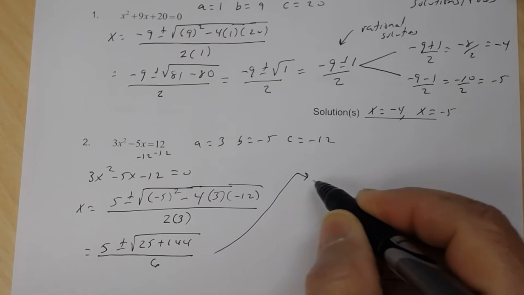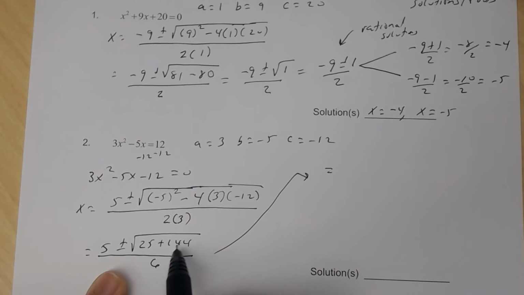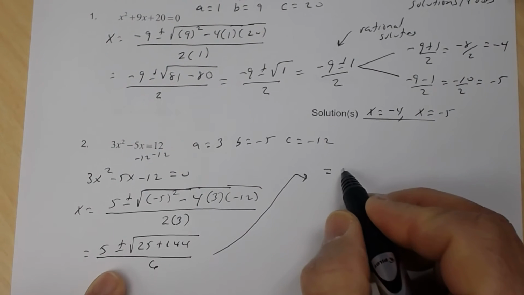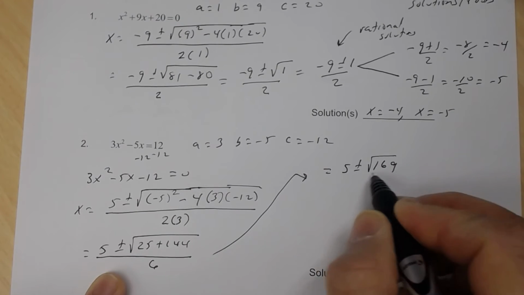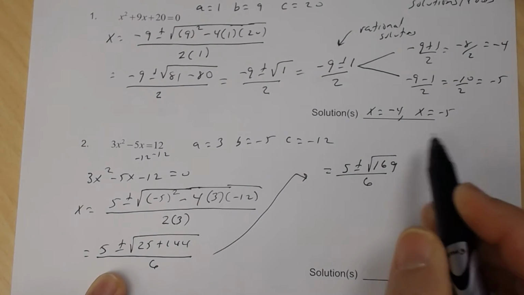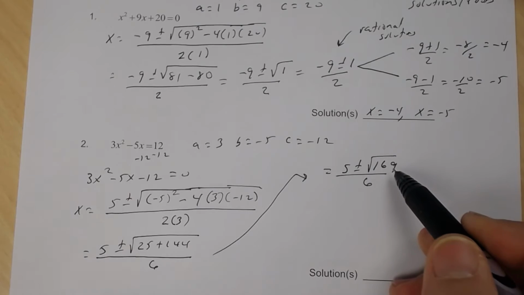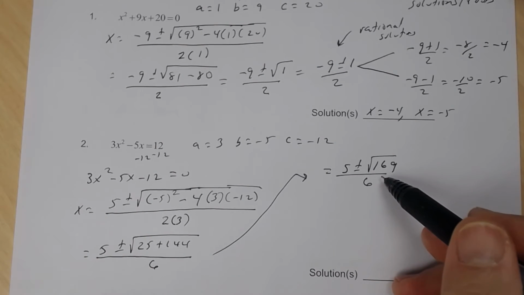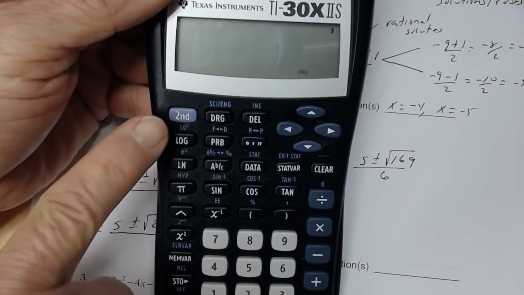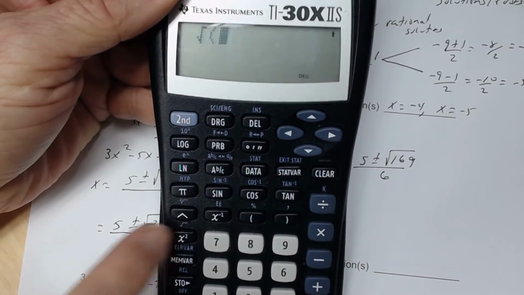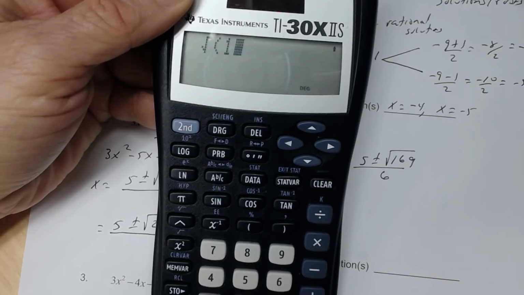All right, so then we get this. We get that's going to equal, now I'm going to simplify the radicand. So we get 5 plus or minus the square root of 169, divided by 6. All right, at this point, you need to check and see if I can simplify the square root of 169. First of all, see if 169 is a perfect square. And it is, but if you couldn't tell right away, then just do this. Do the square root right here of 169.